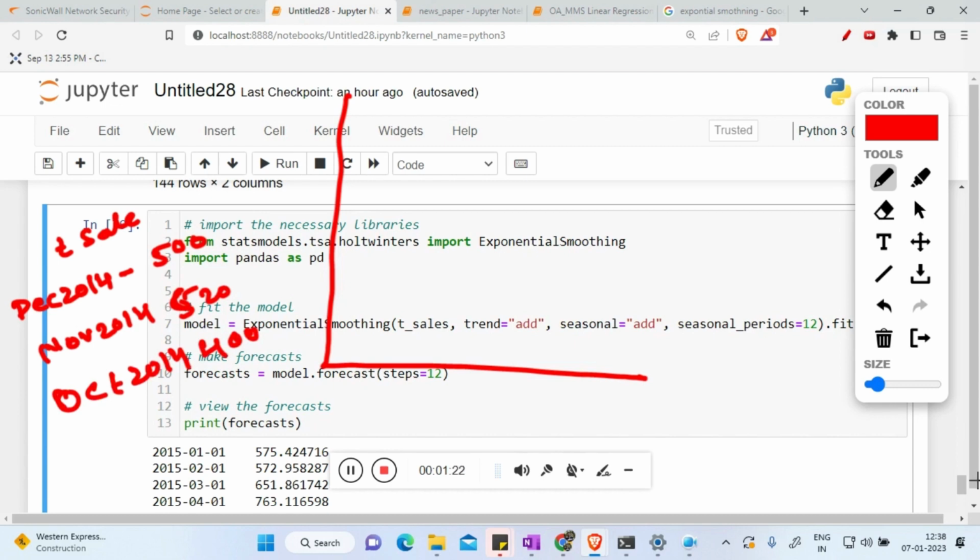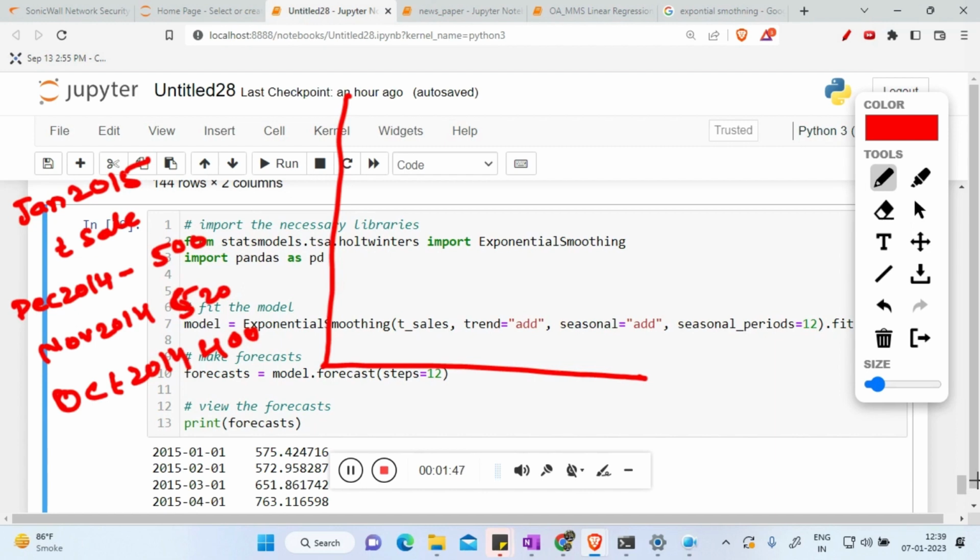Now the next point: with exponential smoothing, I want to see what the demand in Jan 2015 is, that I want to identify. Assume that you are in 2014 right now and you are not aware of the demand in 2015. There are many methods.